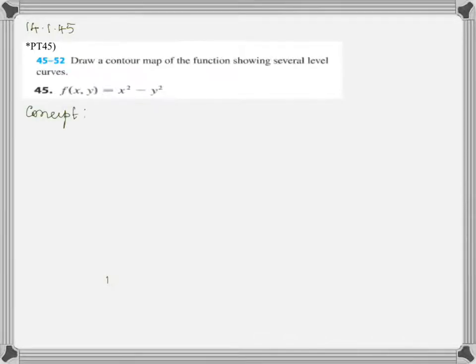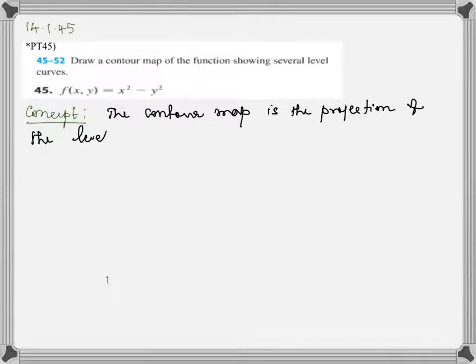So first, what do you mean by level curve and contour map? The contour map is actually the projection of the level curves of the surface on the xy plane. So what are level curves?